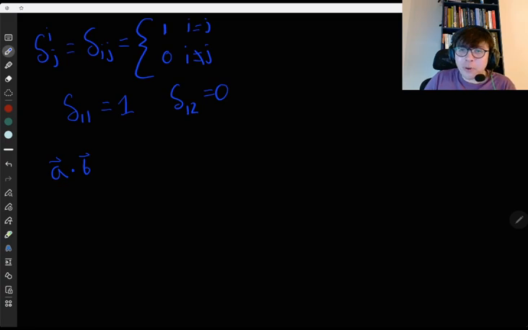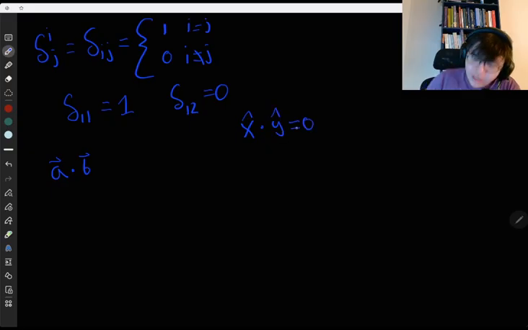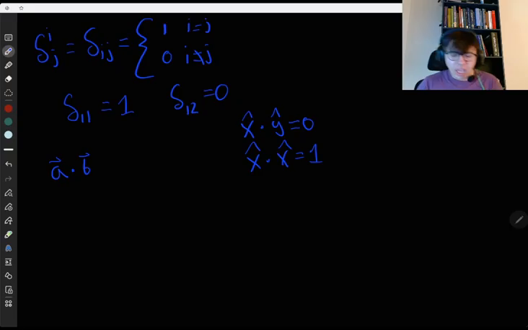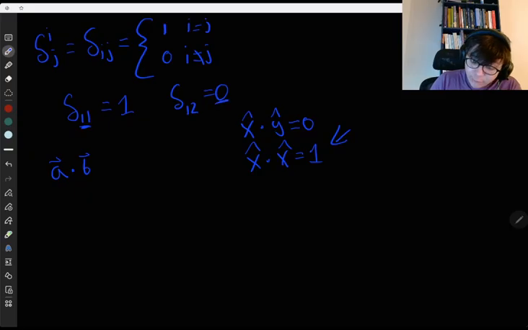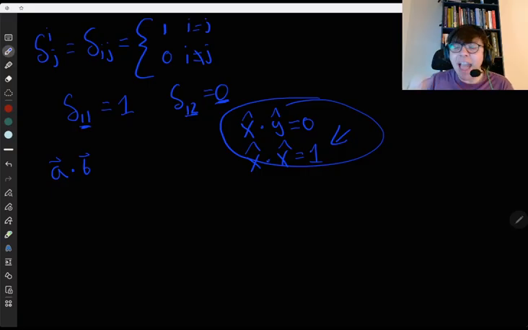Because remember, what did I say above? If I have x hat, y hat, that gives me 0. But if I have the same thing, that gives me 1. If I have a different thing, it gives me a 0. That's exactly the behavior we have here.